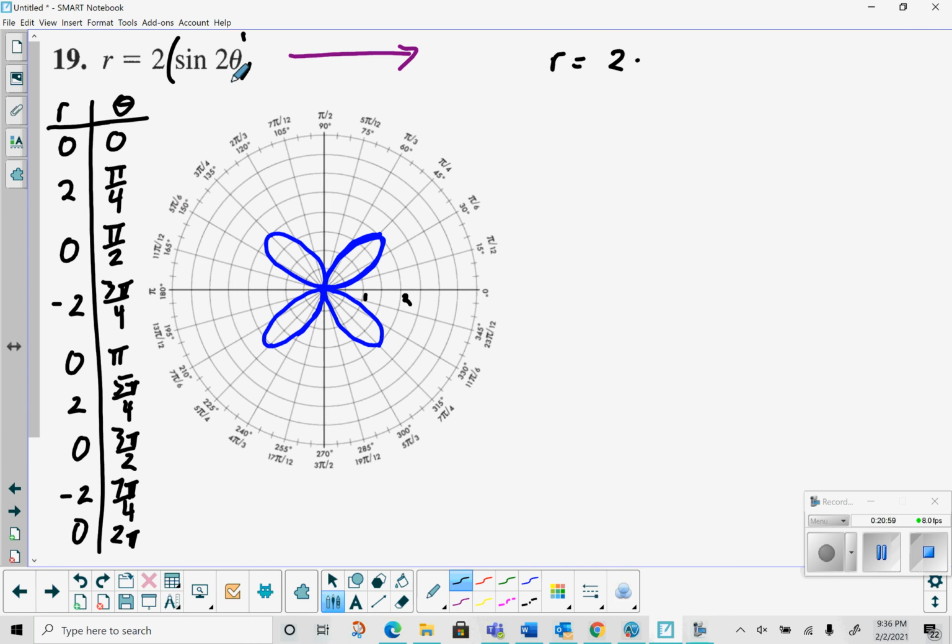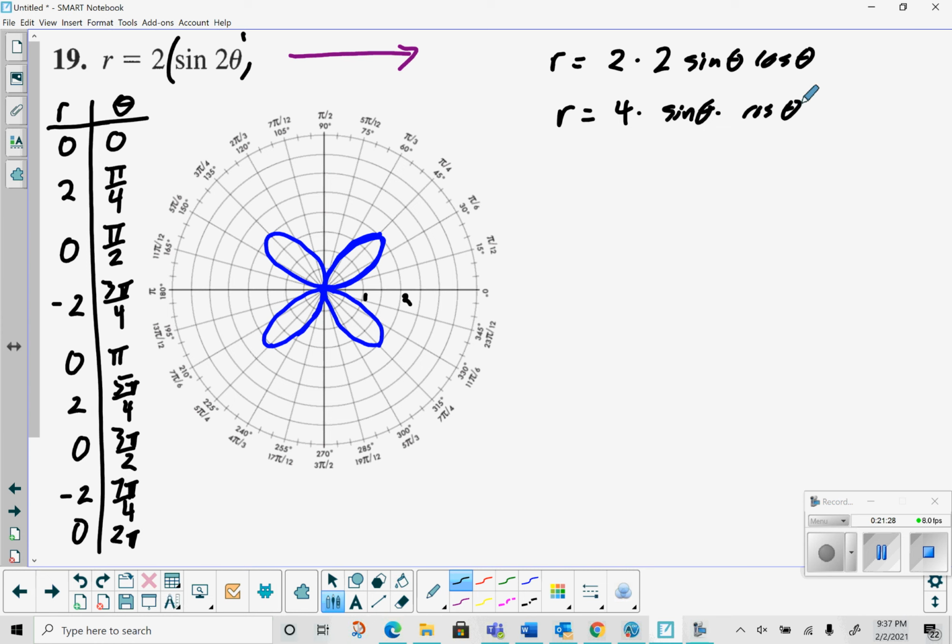Sine 2 theta is equal to 2 sine theta cosine theta. Which of course gives us 4 sine theta times cosine theta.